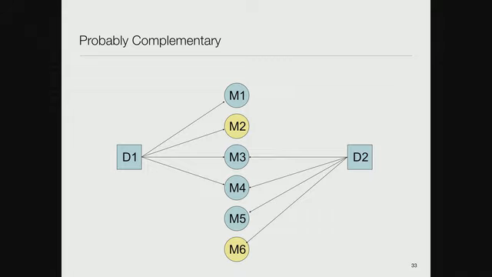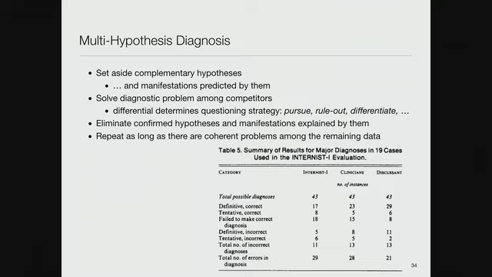And so it's more likely, somewhat more likely, that there may be two diseases present. So what INTERNIST had was this interesting heuristic, which said that when you get that complementary situation, you form a differential around the top-ranked hypothesis. In other words, you retain all those diseases that compete with that hypothesis.